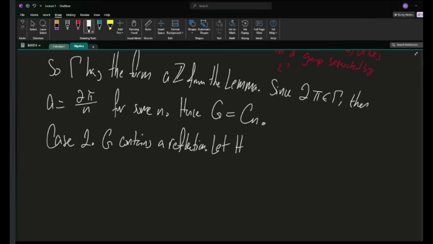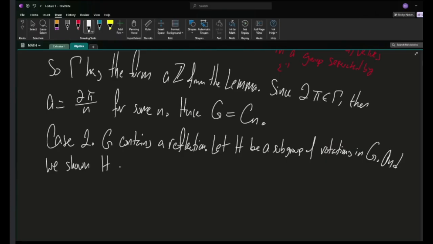Let H be a subgroup of rotations in G, and we've shown H is a cyclic group generated by rho of theta.